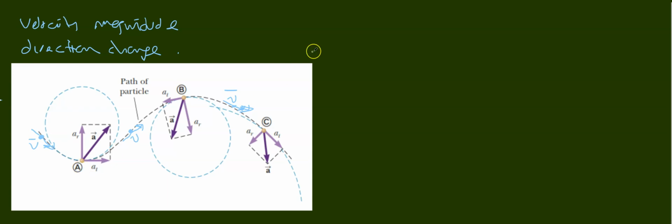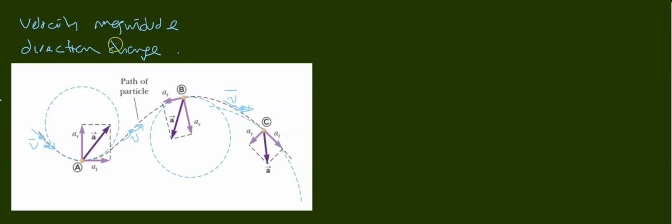In the last video, we saw that radial acceleration is what allows a particle to move in a different direction if you are moving in a curved fashion. The radial acceleration is responsible for changing the direction of motion.